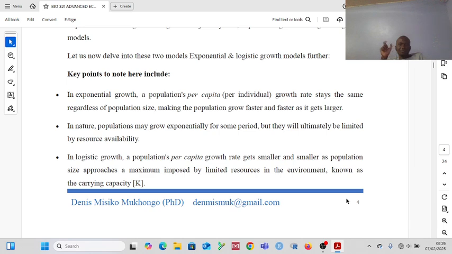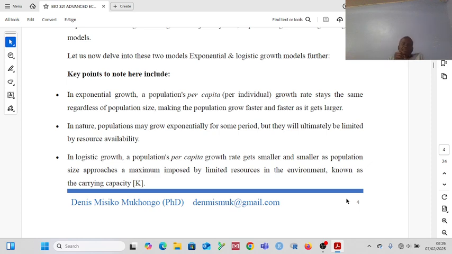So in the logistic growth model, a population's growth rate gets smaller and smaller as the size of a population approaches a maximum which that particular environment can support. So a particular environment can support just a given number of organisms.